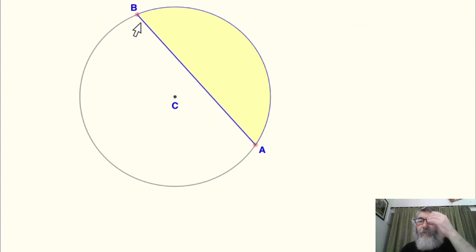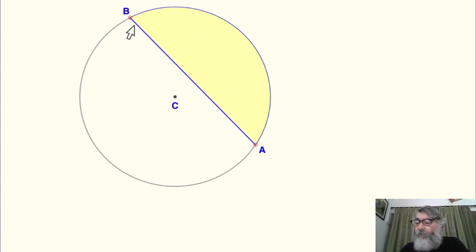Now you realize that the chord AB is coming nearer to the center. We discussed when we were discussing definitions that if chord AB is coming nearer to the center of the circle, the length of the chord is increasing. This I'll show you just now.